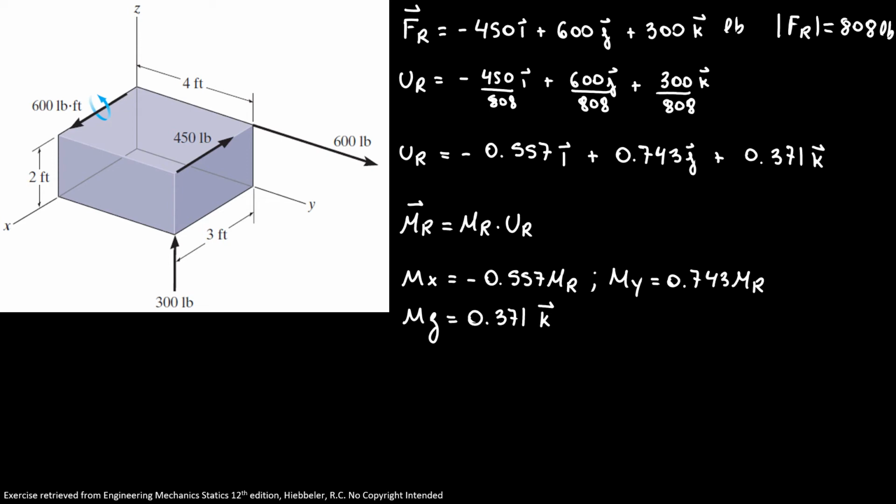Recall from our previous slide, we have M1 equals minus 900 j plus 450 (4 minus y) k. M2 equals minus 600 x k minus 1200 i.